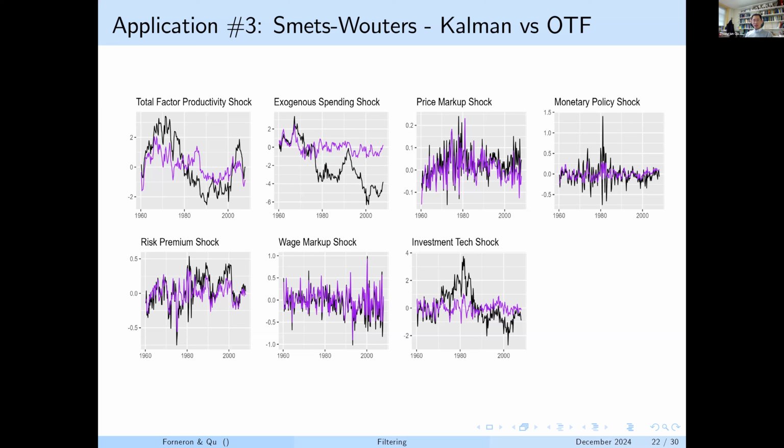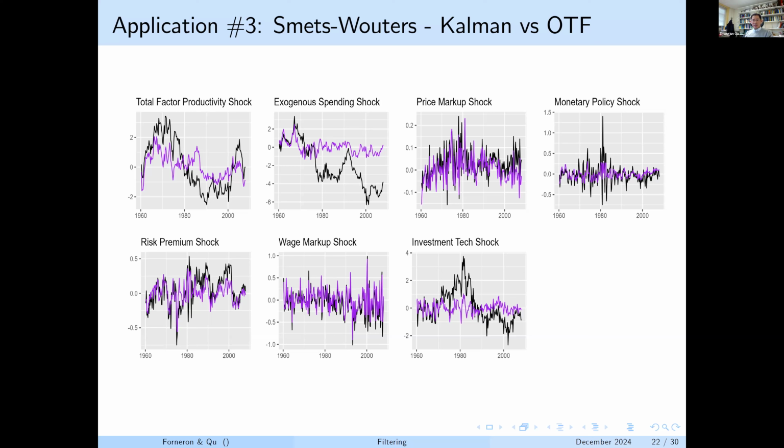Sometimes those filter values are close to each other, but sometimes they can be quite different. In particular, if you look at the second plot, which corresponds to a government spending shock, we see that the Kalman filter produces filter values that are mostly negative with a downward trend.